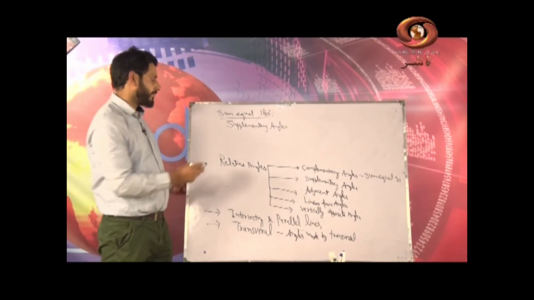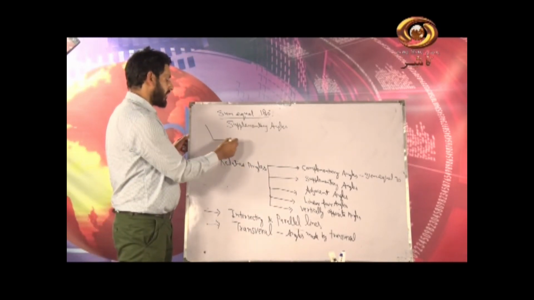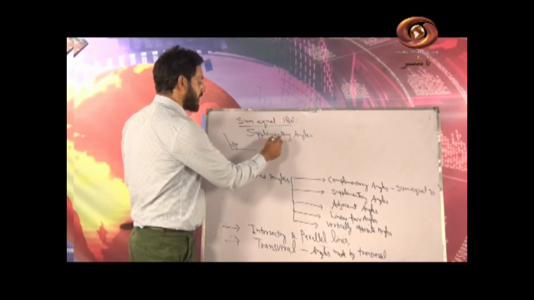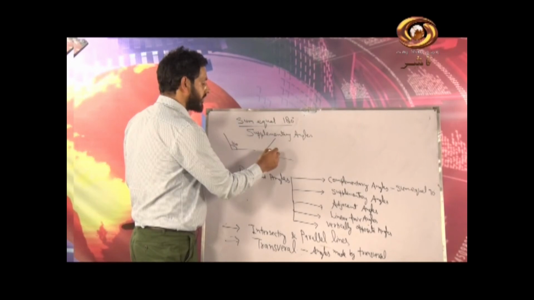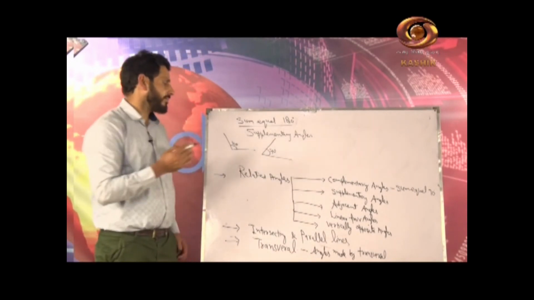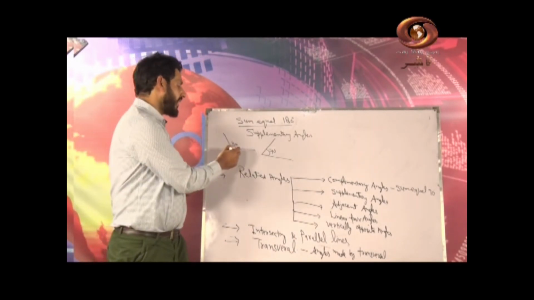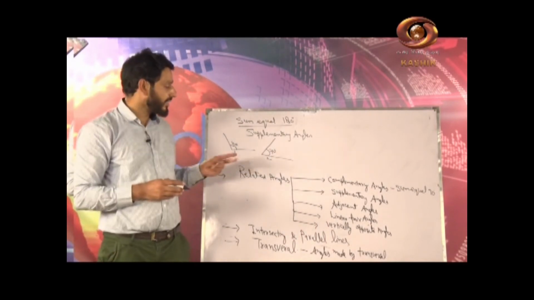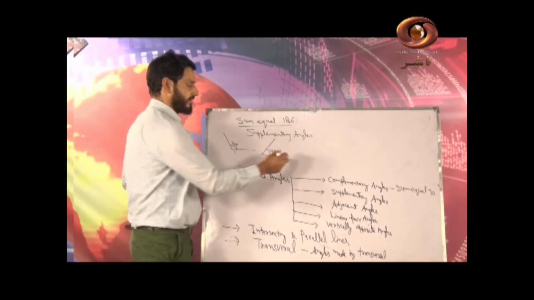Let us take an example. Suppose we have an angle like this and let it be 110, and we have another angle like this and it is 70. If we add both the angles, angle 1 and angle 2, their sum equals 180. 110 plus 70 is 180.